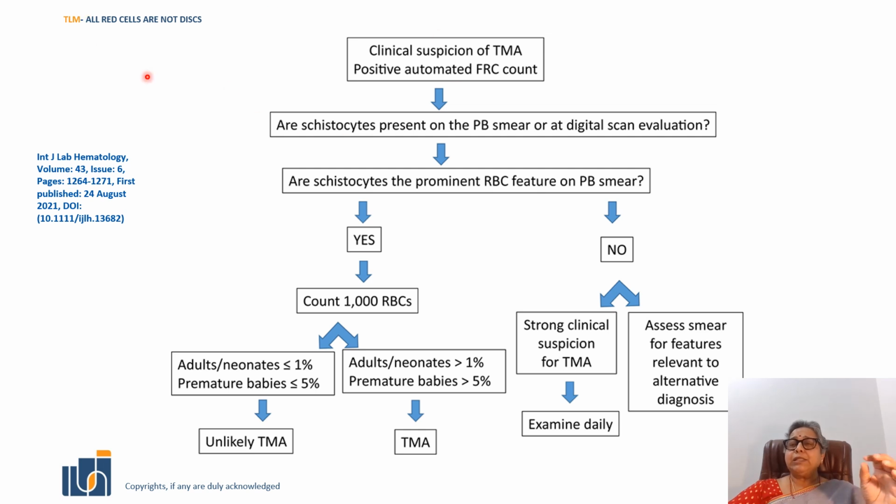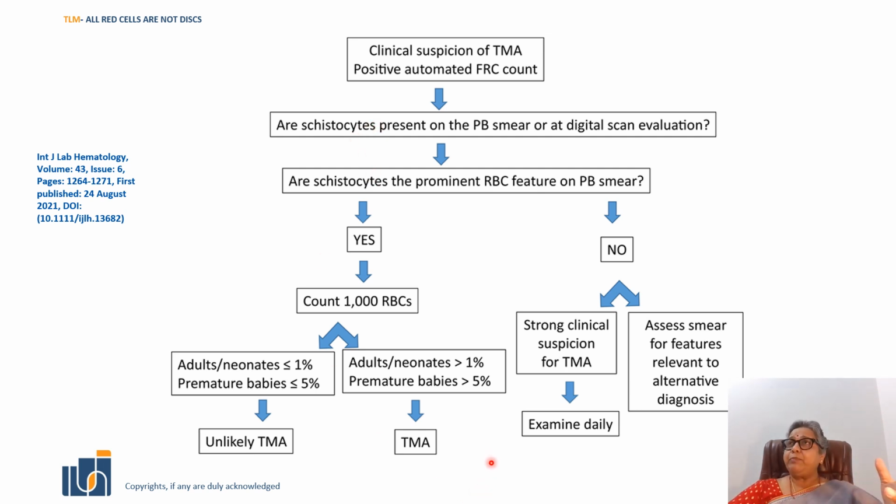Now, if there is a clinical suspicion of TMA, and there is a positive automated FRC count, you make a smear, look for the presence of schistocytes. Either you look at it manually, or if you have a digital scan, you look at that. Are these schistocytes the most prominent poikilocyte seen on your smear? If yes, you count 1000 RBCs, and if in adults or neonates it is less than 1% and in prematures it is less than 5%, then it's unlikely to be a thrombotic microangiopathy.